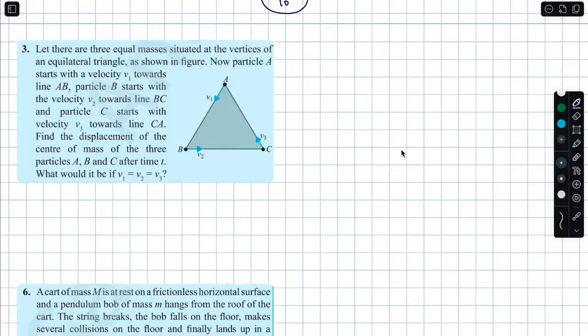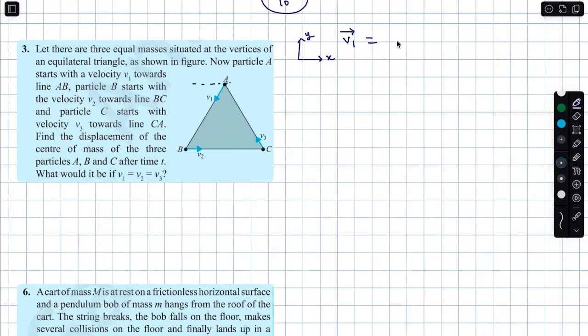We will take X-axis, Y-axis. At this point of time, what is V1 bar? Anyone? V1 bar will have a magnitude. Remember, this is the 60, so this is the 60.